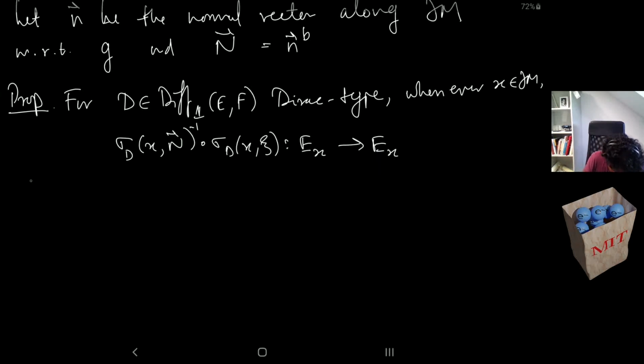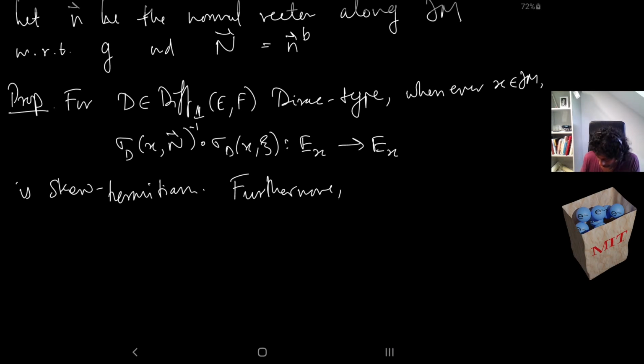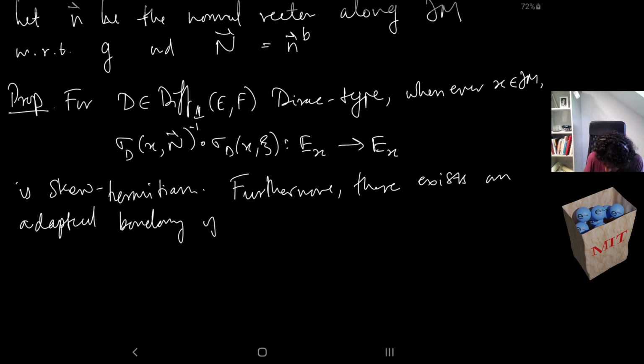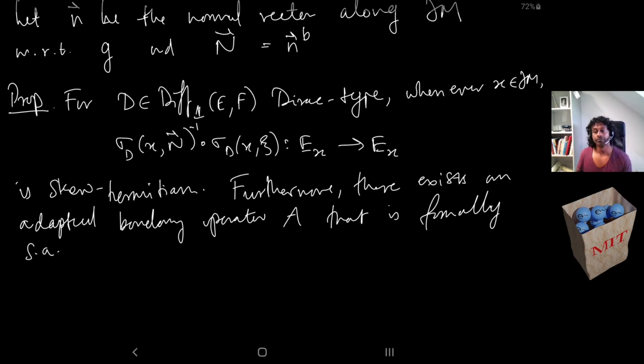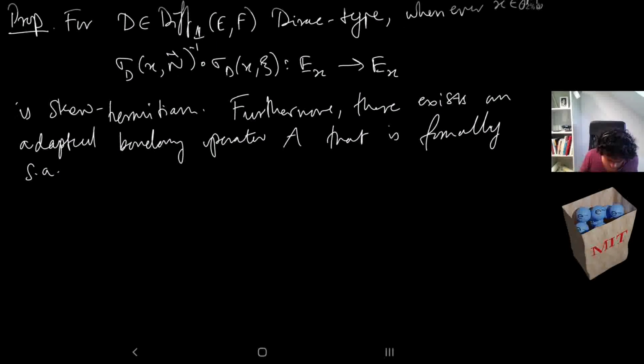Is skew Hermitian. Furthermore, there exists an adapted boundary operator A that is formally self-adjoint.